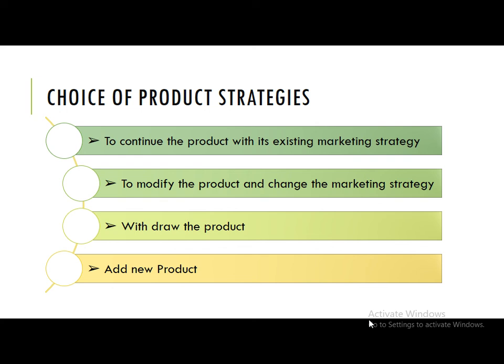By such an understanding, the industrial marketer will identify a number of factors for the unsatisfactory performance of the product. Cost reduction, improving the product quality, and enhancing the product features are some of the corrective measures with which the product performance can be improved. So this was about today's lecture.